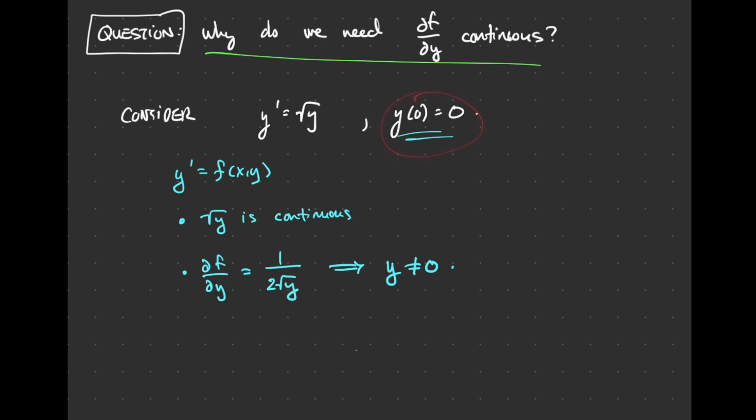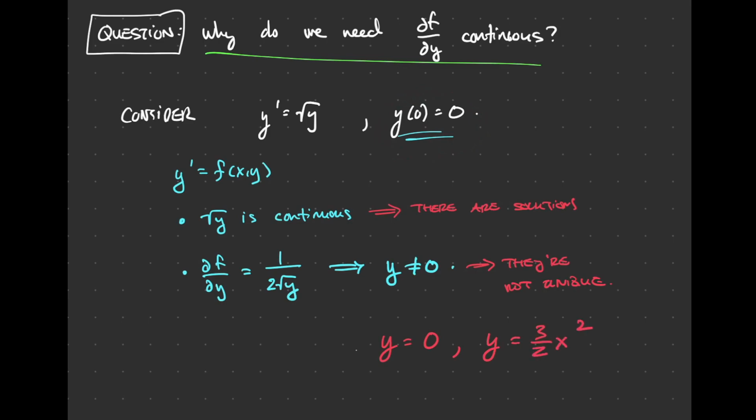And so what happens is that there are solutions, or solutions exist. They're not unique. So for example, y equals 0 fits, just the y equals 0 function. So does the function y equals 3/2 x squared, right?